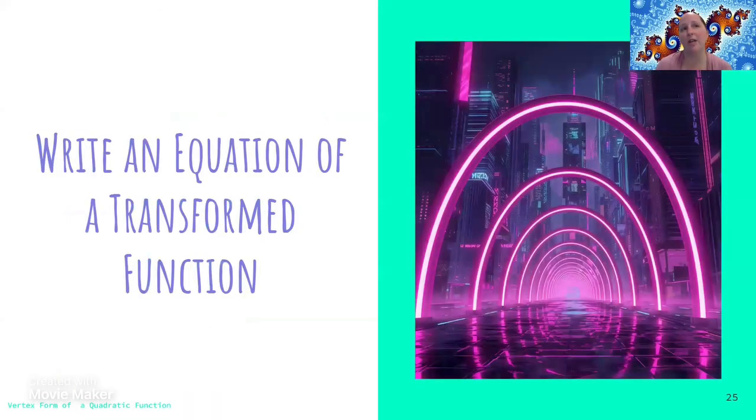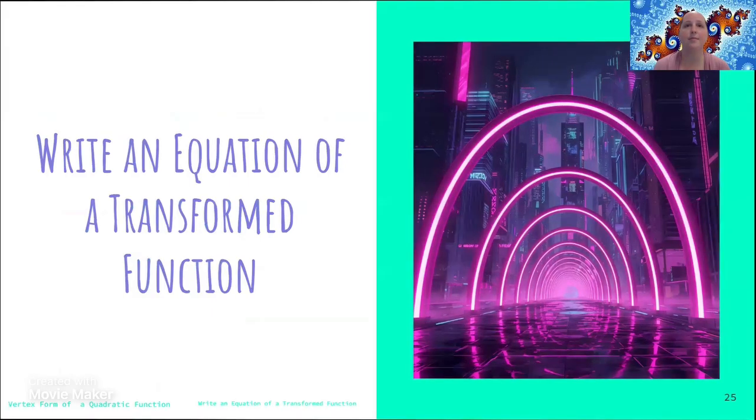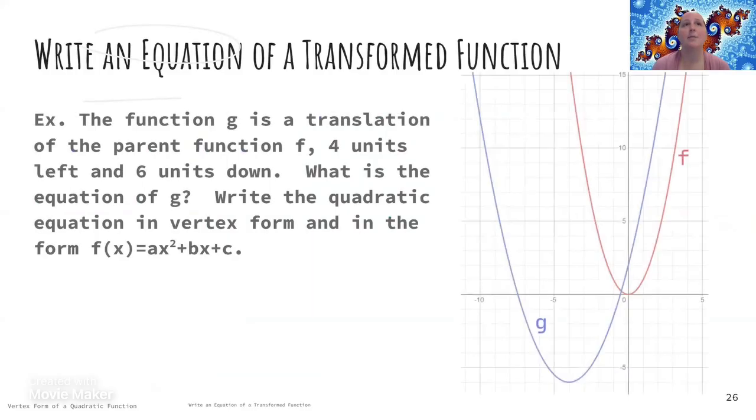Write an equation of a transformed function. The function g is a translation of the parent function f, 4 units left and 6 units down. Write the quadratic equation in vertex form and in the form f of x equals ax squared plus bx plus c.